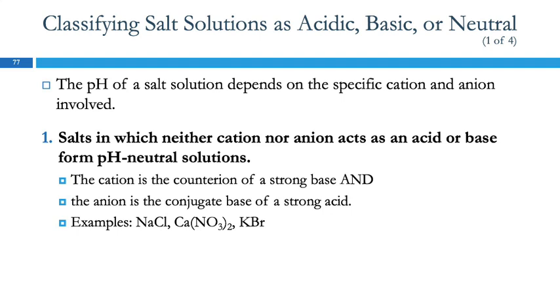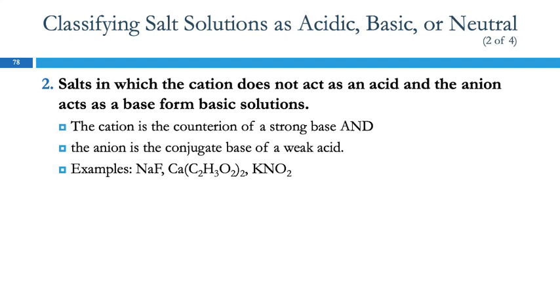Well, we can have salts, ionic compounds, where neither the cation nor the anion acts as an acid or a base. So these are going to be pH neutral. This is where you have that cation being the counterion of a strong base. The anion is the conjugate base of a strong acid. It can't do anything, it'll just be pH neutral.